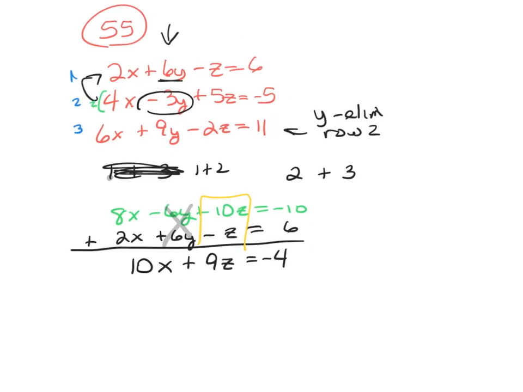Again, now I'm going to multiply row 2 by 3 and distribute it to everything to get it to cancel with row 3. So let me go ahead and write row 3 here.